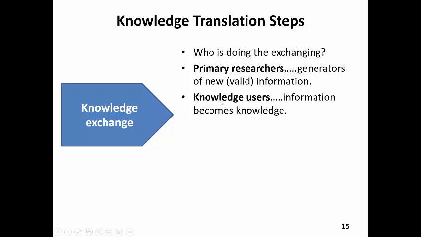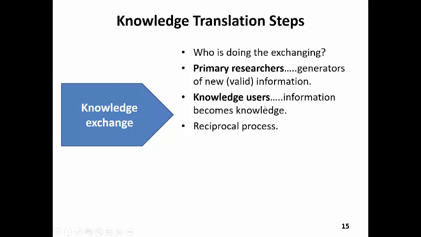When we talk about translating the information into knowledge, we're talking about information that is harnessed and applied for some particular purpose, and those are harnessed by the knowledge users. So at that point, information is said to become knowledge, and this is a reciprocal process.